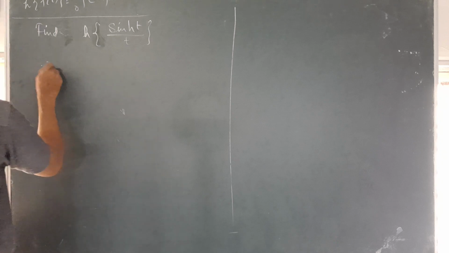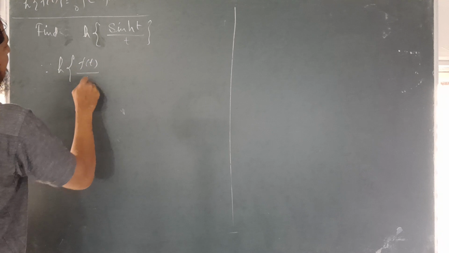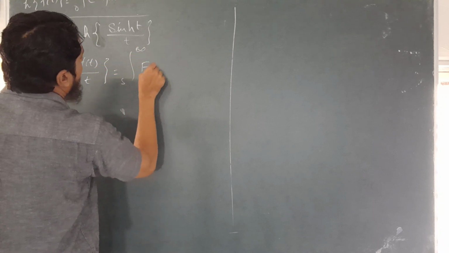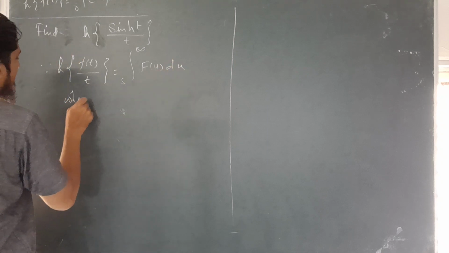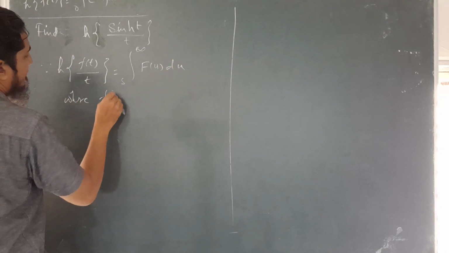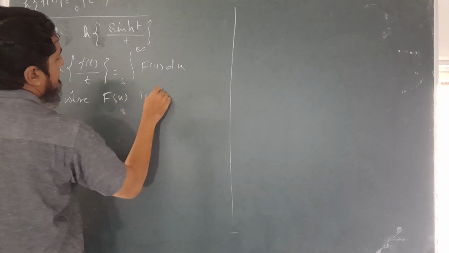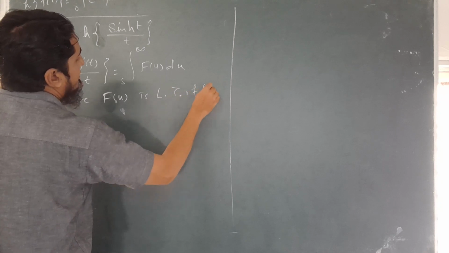Since we know that Laplace transform of f of t upon t is equals to integration from s to infinity f of u du, where f of u is Laplace transform of f of t.